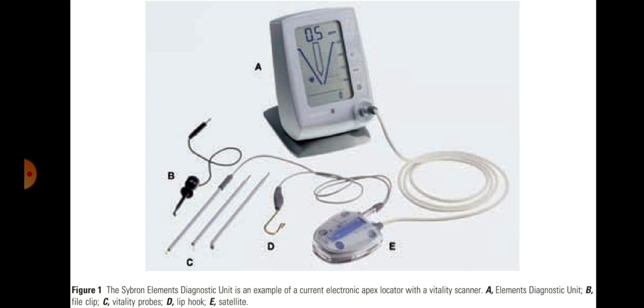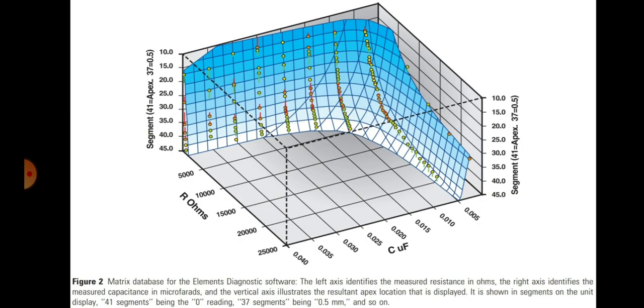Instead, all combinations of capacitance and resistance relating to location within the canal have been loaded into a matrix database within the unit. You can see this in figure 2. This decreases processing time, making the displayed information much more stable.